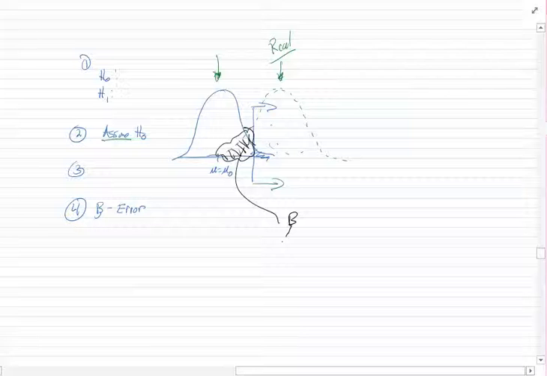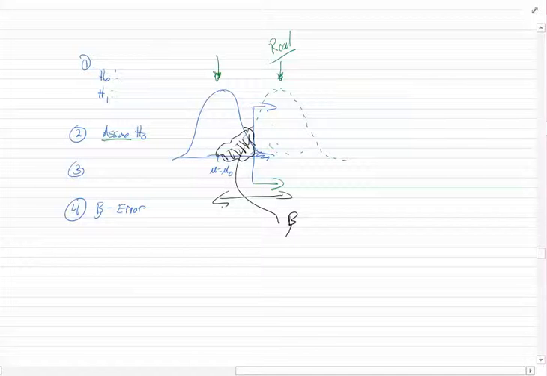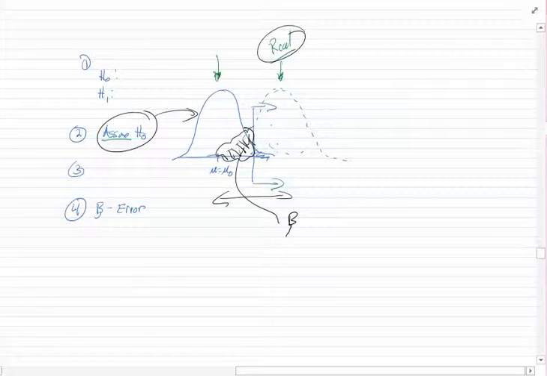So in calculating the power, one of the things that comes into play is how far apart the assumed distribution, this one, and the real one, that one, are. Does that make sense so far? That's the concept. So that's beta, and then 1 minus beta is power. We don't even think about the power part because that's just a simple switch at the end. Let's just concentrate on getting this beta error down.